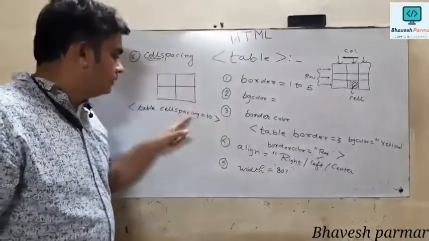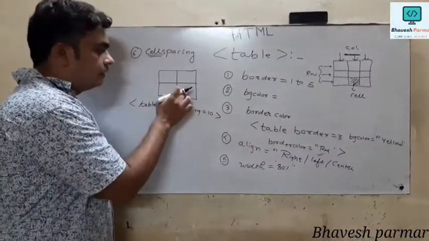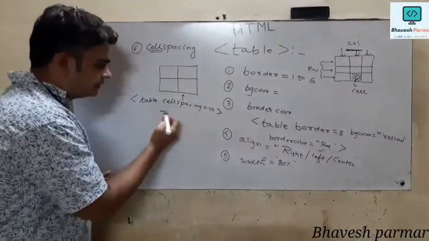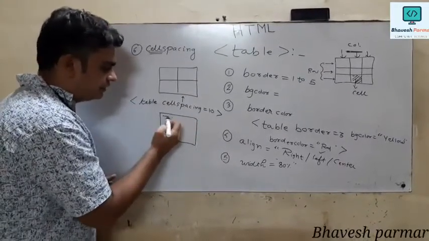So whenever I write like this, what will be the effect on this table? It will show you like this. The size of the table never gets changed.